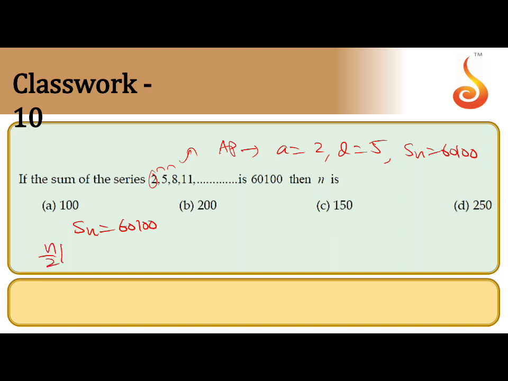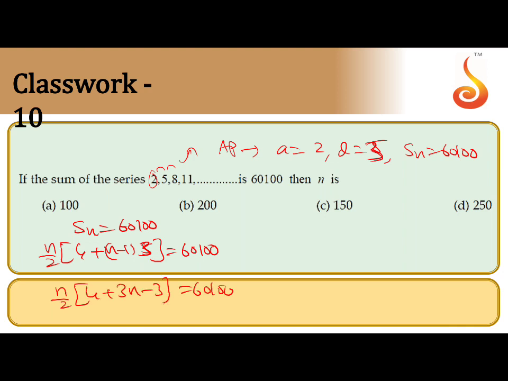So Sn equal to 60100. Sn is n by 2 into 2a, 2 into 2, 4, plus n minus 1 into d. d is 3 now, the difference is 3. So that equals 60100. You can simplify. n by 2 into 4 plus 3n minus 3 equals 60100.